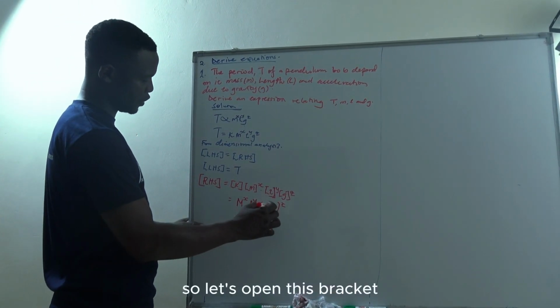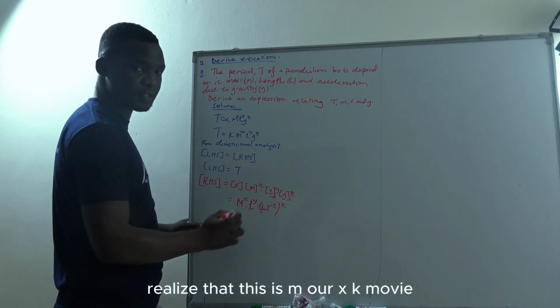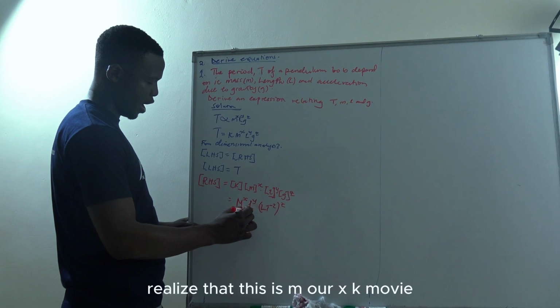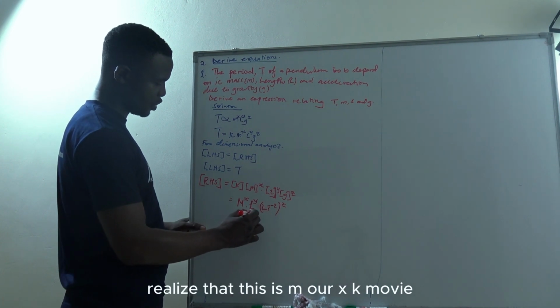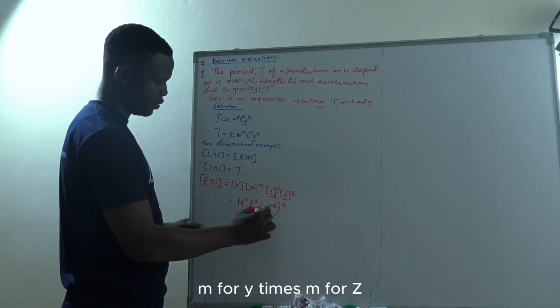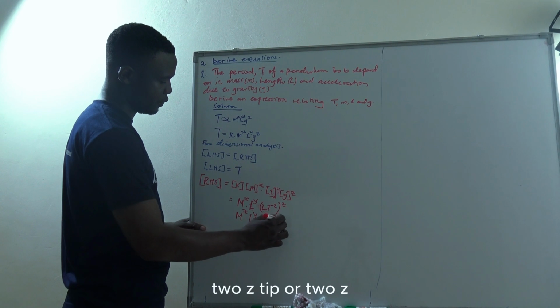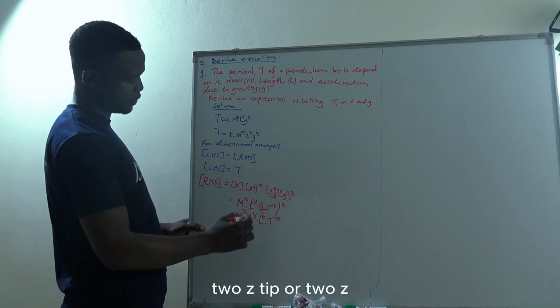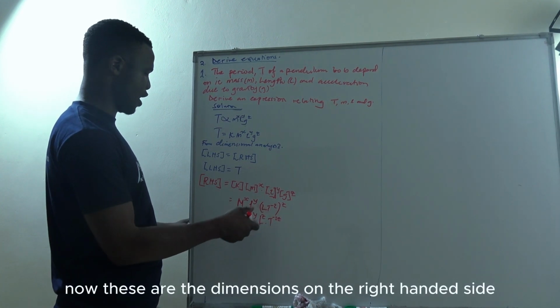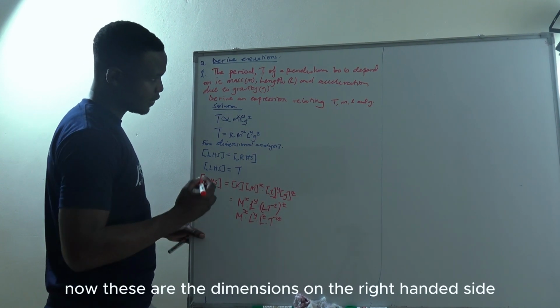So let's open this bracket. We realize that this is M to the power x, times L to the power y, times L to the power z, times T to the power negative 2z. These are the dimensions on the right-hand side.